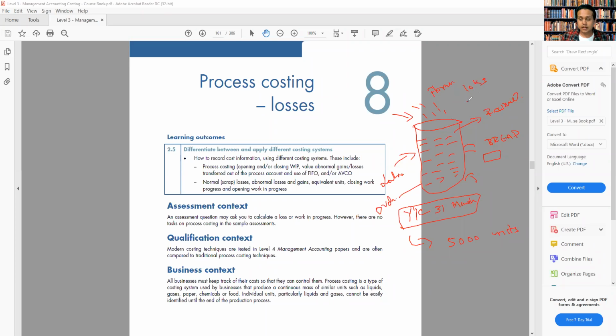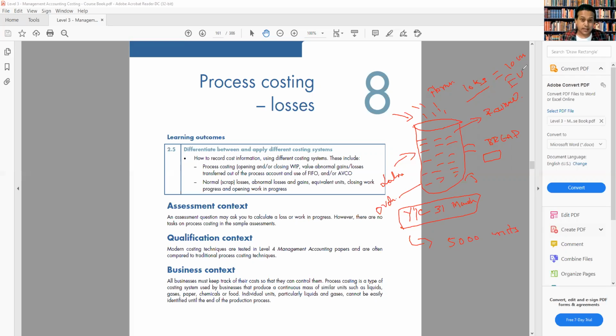Now I understand that to make one bread, I need 1 kilo of flour. So 10 kilo flour is equal to 10 units or 10 equivalent units, EU, 10 equivalent units. So whatever I have inside of the machine, that is equivalent to 10 units.